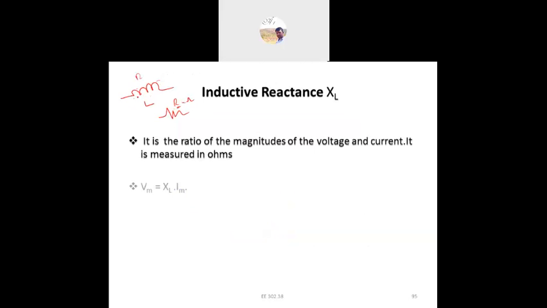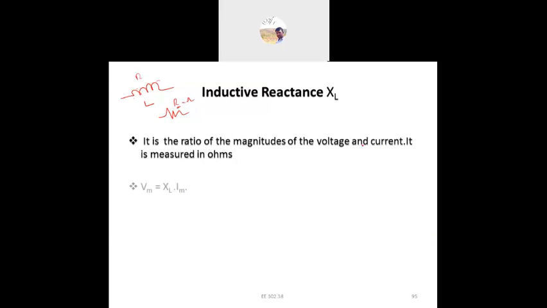So for the inductor, that opposition is indicated with XL. Okay, that is called the inductive reactance. It is the ratio of the magnitudes of the voltage and current.